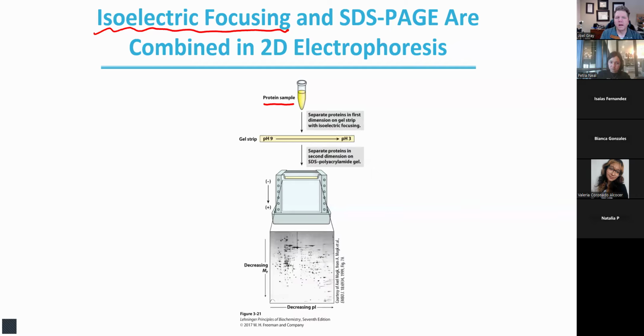Now, whenever you're doing isoelectric focusing, I'm going to put a star by that because that's the first technique that we're going to do. You can set up a gel strip, and you could think about it almost like plates, where it has a pH gradient.